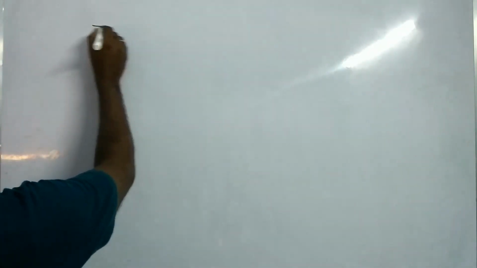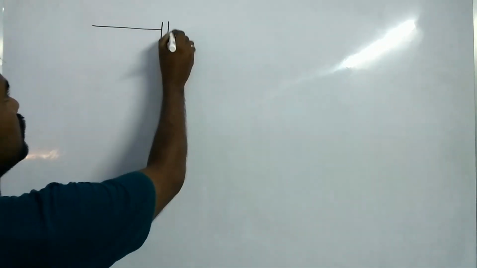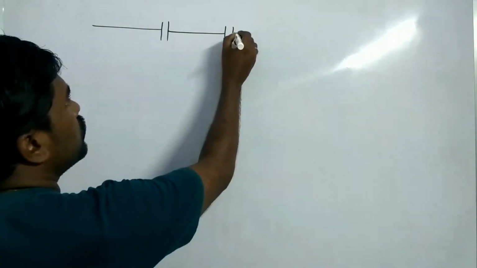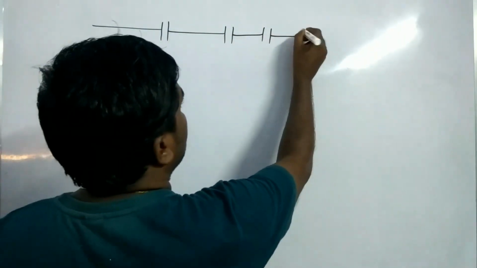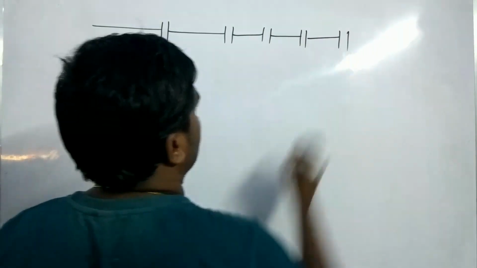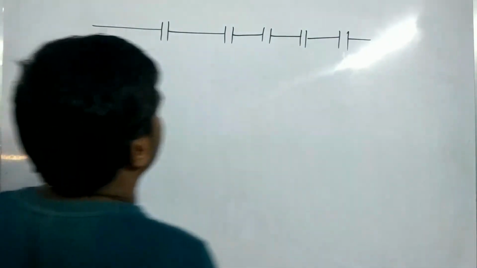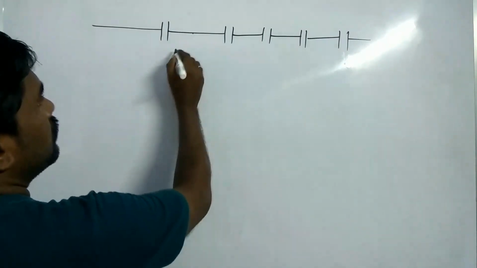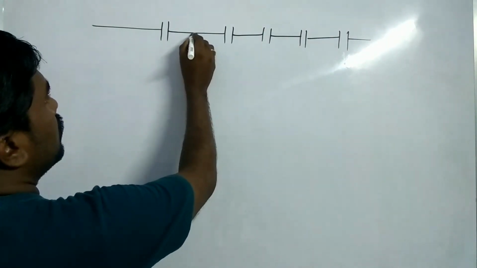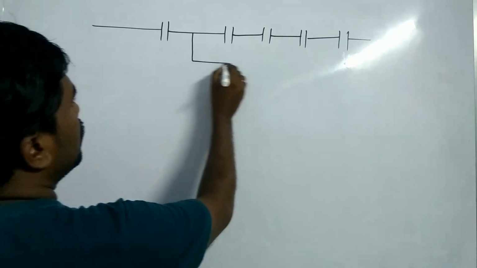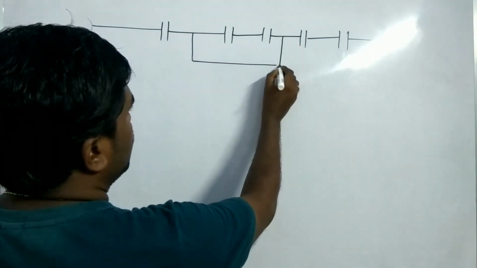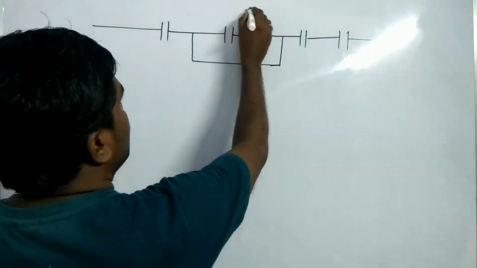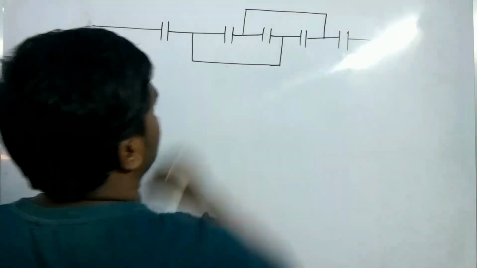The next question: there are capacitors 2, 3, 4 and 5 connected like this.